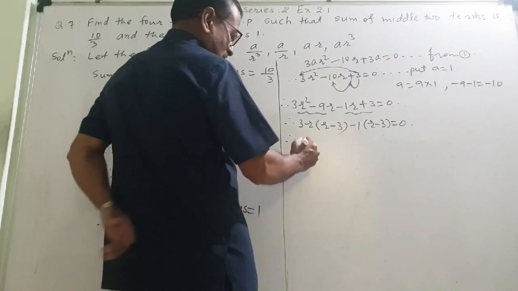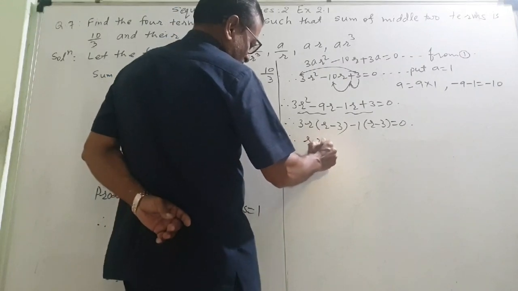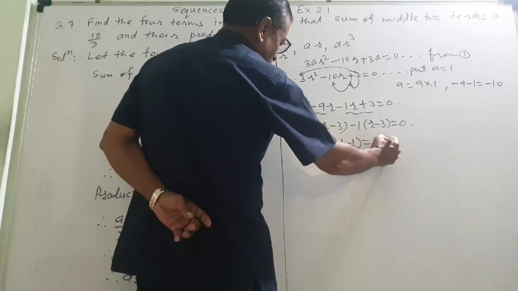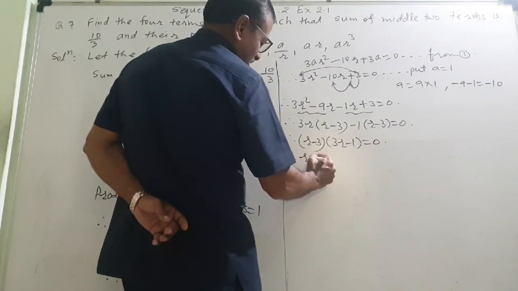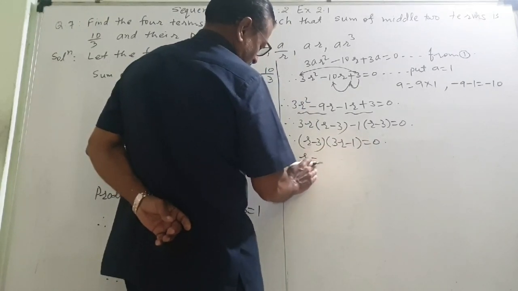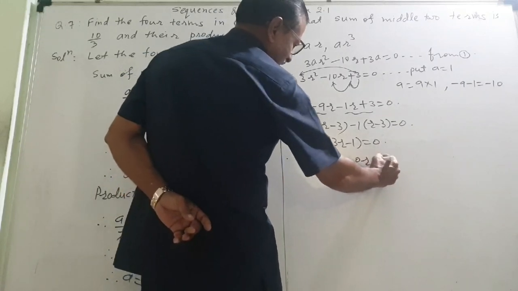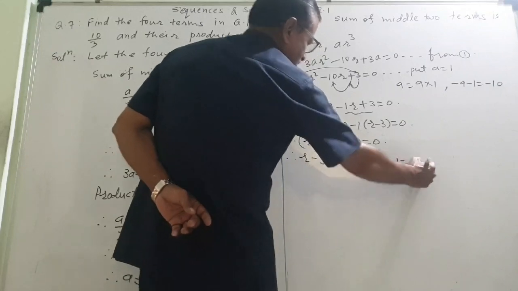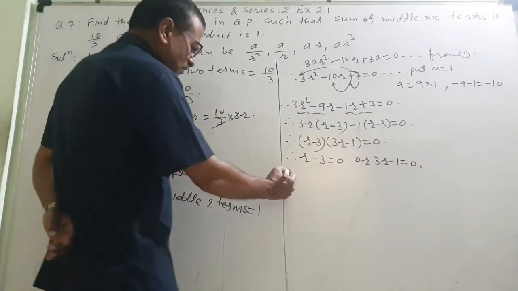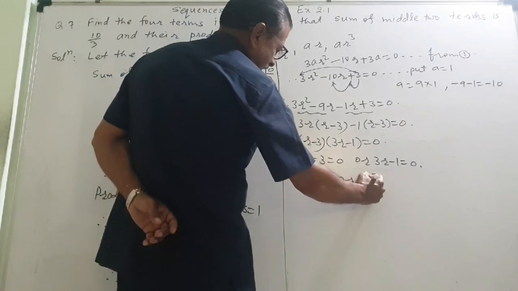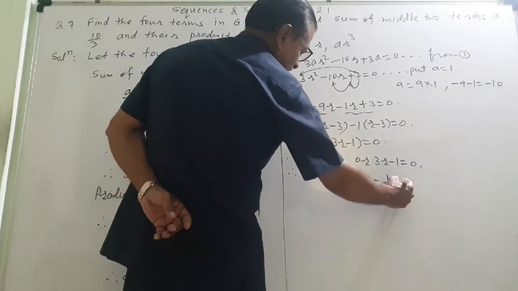Therefore, r minus 3 into 3r minus 1 is equal to 0. Therefore, r minus 3 is equal to 0, or 3r minus 1 is equal to 0. Therefore, r is equal to 3 or r is equal to 1 upon 3.